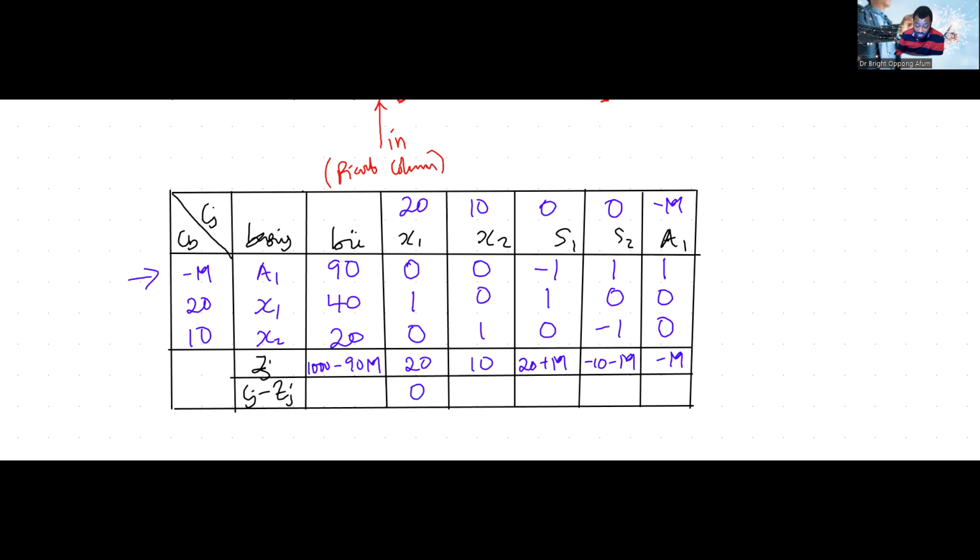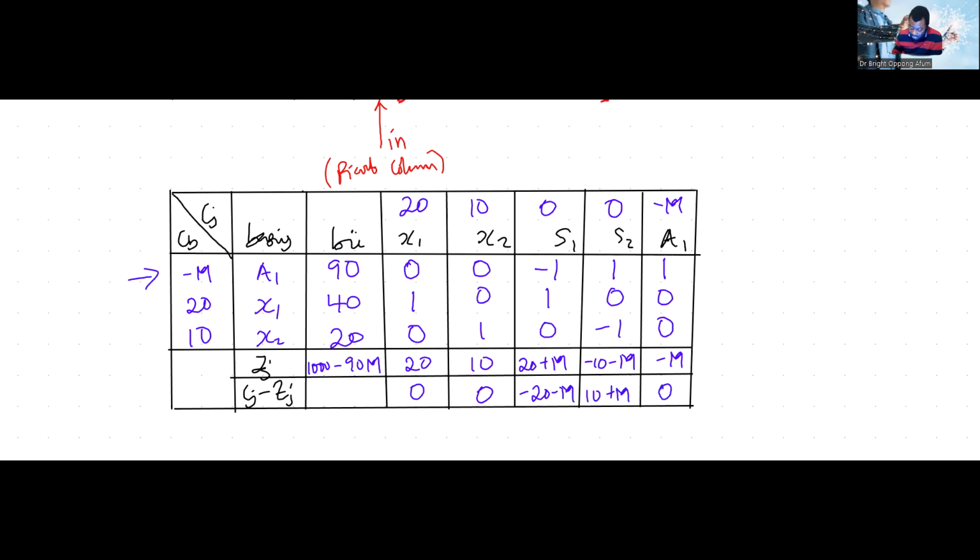Remember, X1 is in solution, so I'm expecting that the unit change in the contribution will be 0, right? Good. X2 is also in the solution, so 0. Now 0 minus that is 20 minus M, right? Then 0 minus that is M plus M, and that is 0.